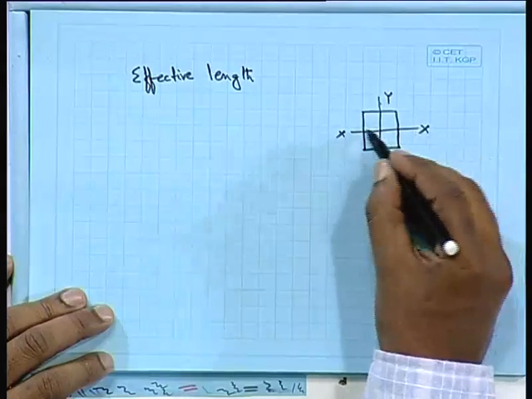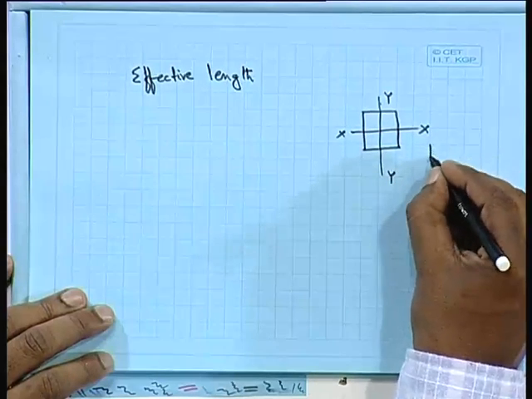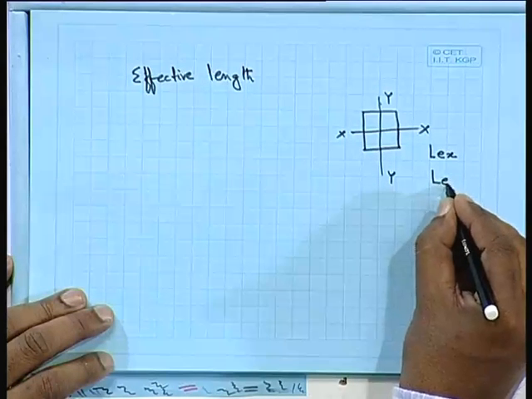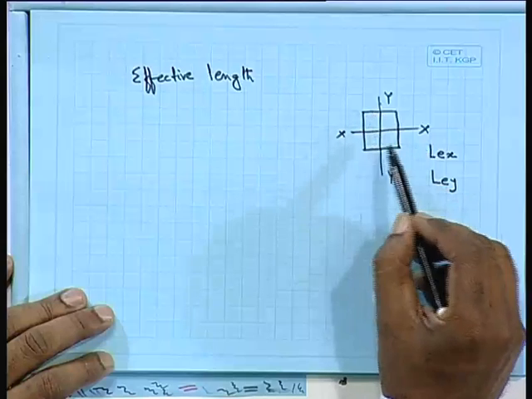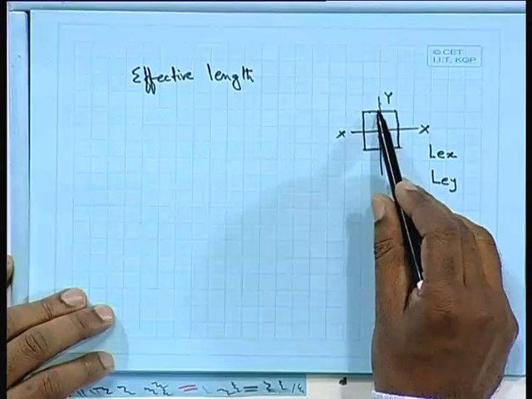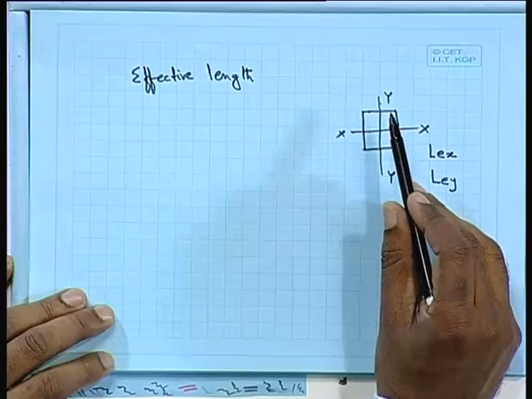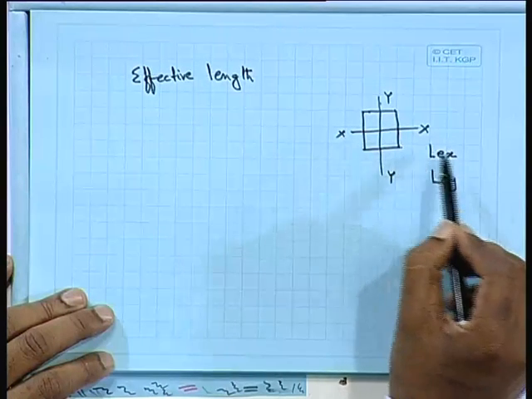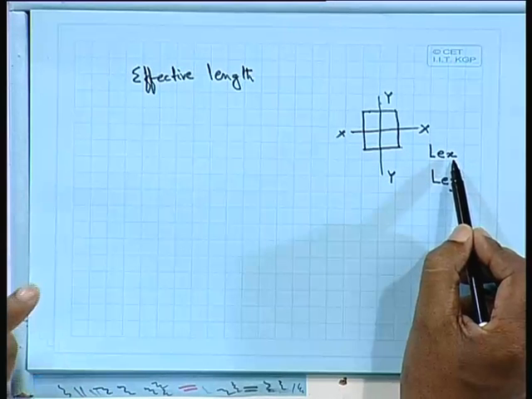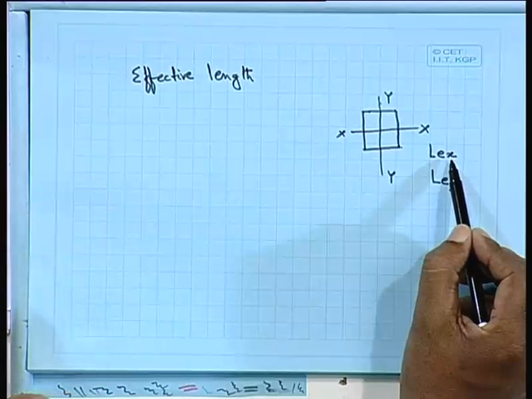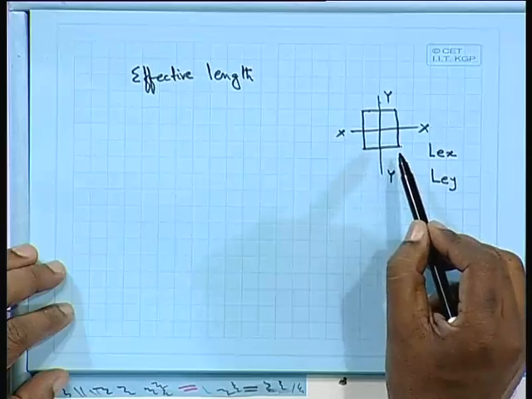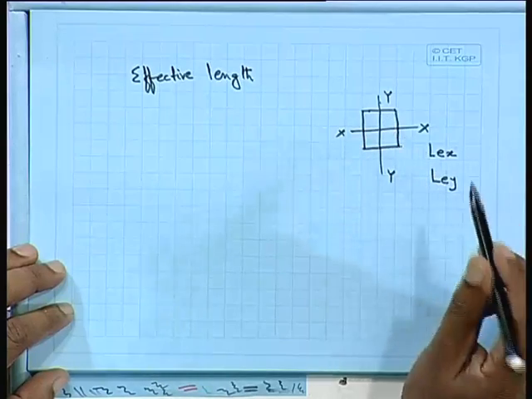So we have two effective lengths, LEX and LEY, because it depends on L and the boundary conditions at the top and at the bottom. So you will get two effective lengths, not one effective length for one column. Like a beam, you have only one effective span, but here you may get two different ones, along x and along y.